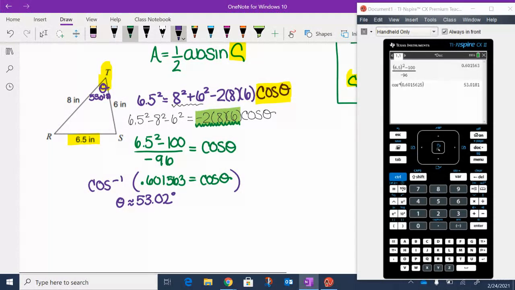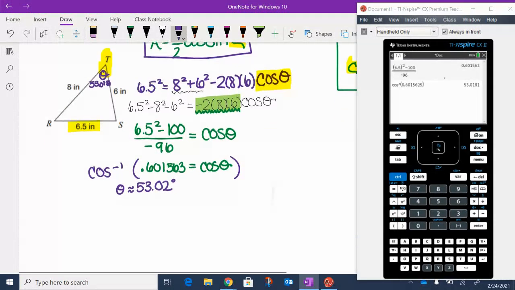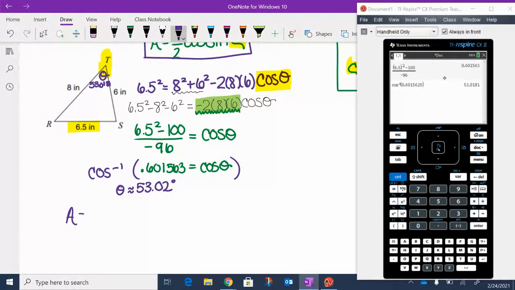So now that I have that, all I need to do is find my area using this area formula. So area says 1/2. Now you have to use the two sides surrounding it, which in this case are going to be the 8 and the 6. So 8 times 6 sine of 53.02.